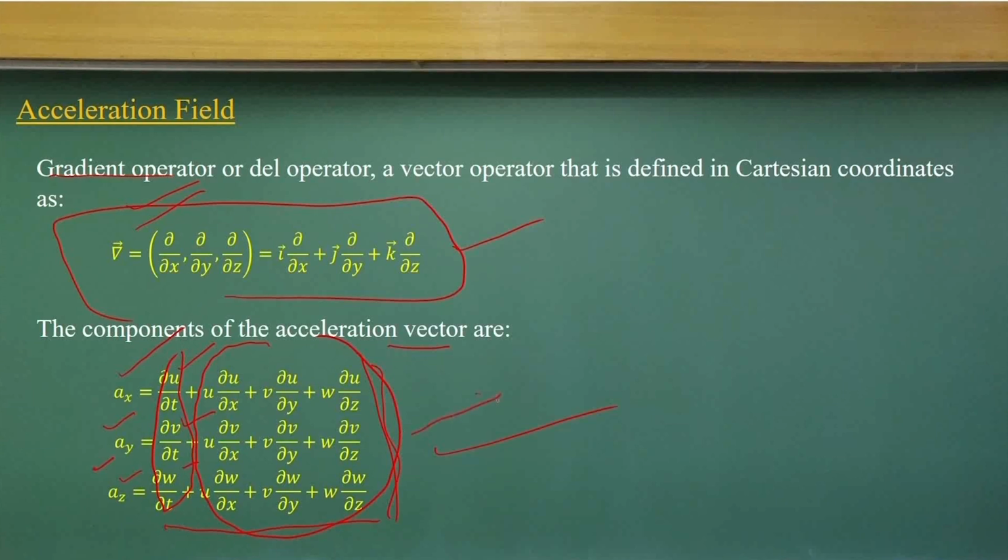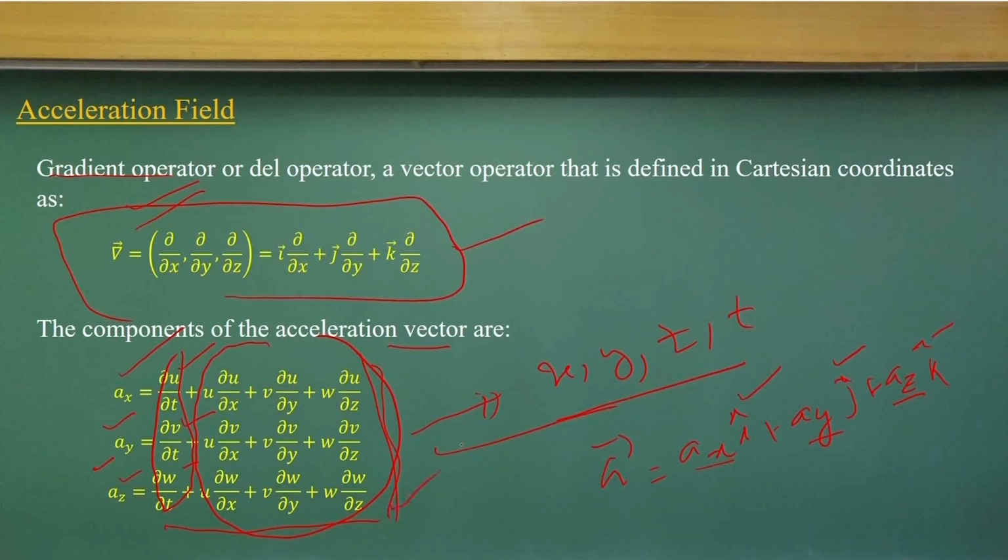In a Cartesian coordinate system, where we have x, y, z and t, these show the acceleration, which will be ax i, ay j and az k. These are the acceleration scalar components in the i, j and k directions respectively.